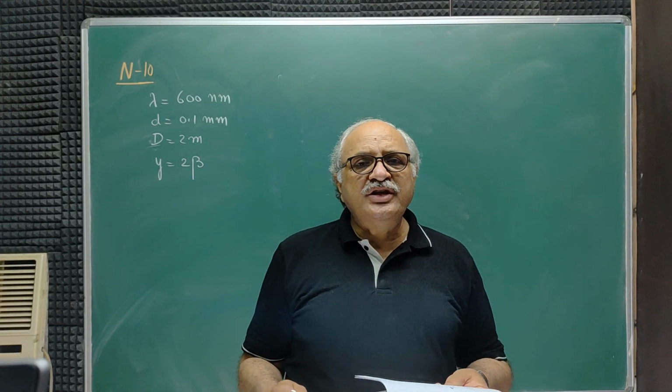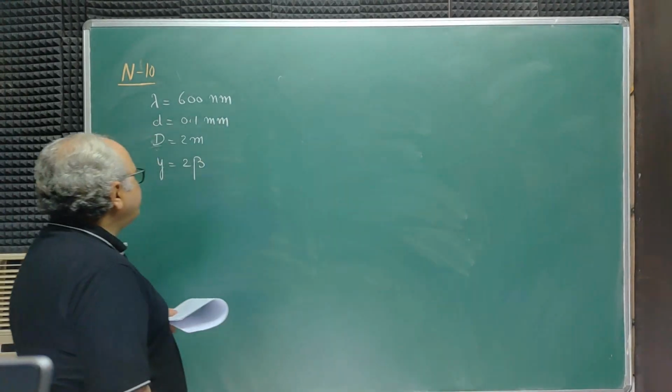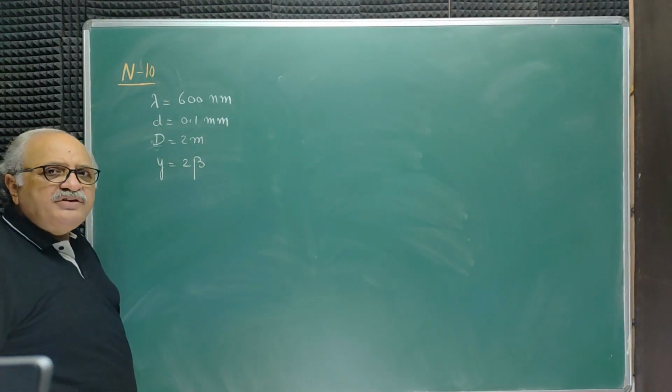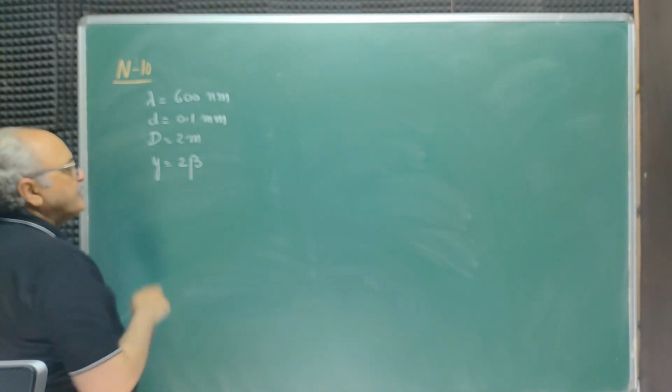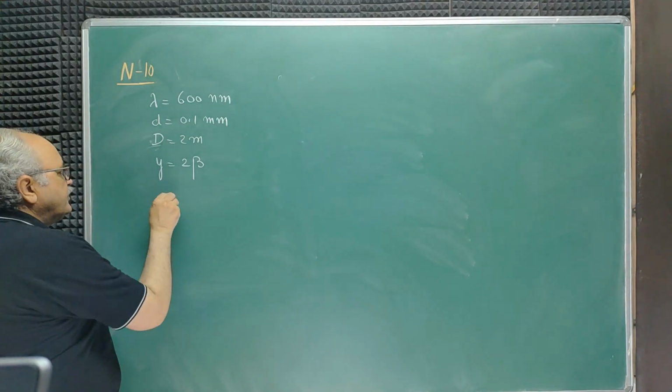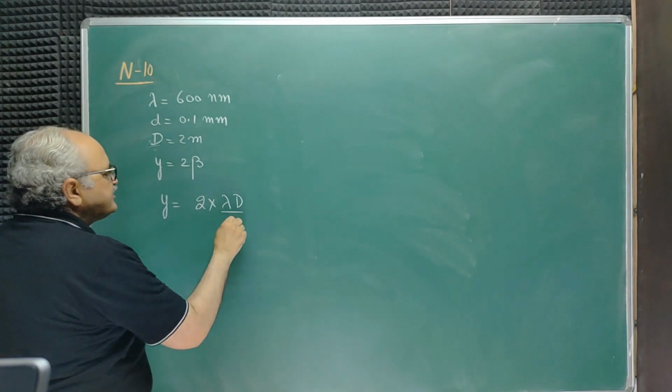In that situation, this will be a normal interference experiment, and since we are required to find the distance between the central position and the second maxima, that is equal to 2β, so y will be equal to twice λD by d.